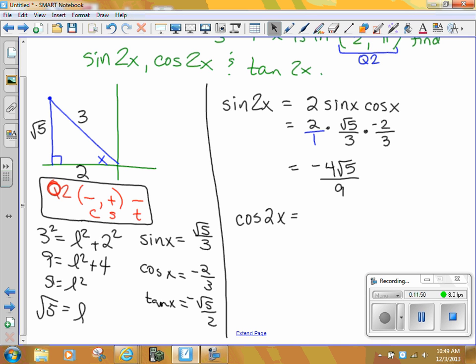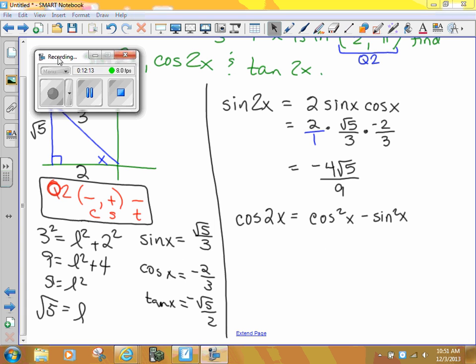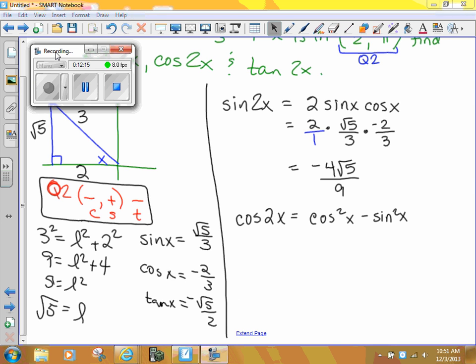Cosine of 2x, you pick the formula you want to use because you have 3 of them available to you, right? You choose. Go. Now, if you didn't use this formula, are you going to change what you have on your paper? No. It's probably going to be right anyway, so just hang loose a little bit, okay?